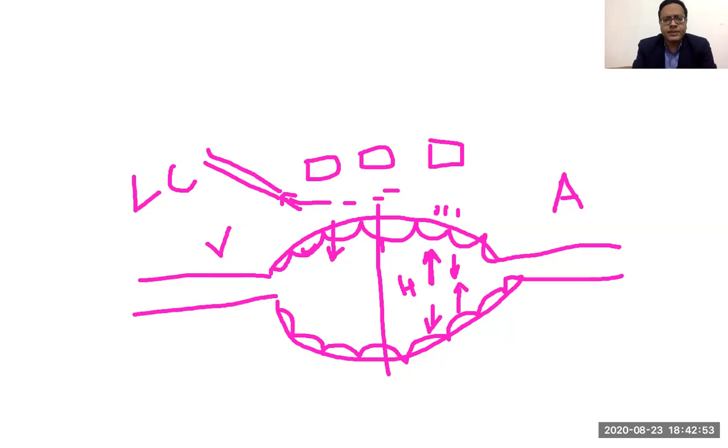The fourth thing, an important factor in the development of edema, is the integrity of the lymphatic channel.